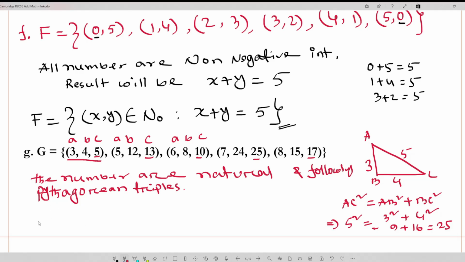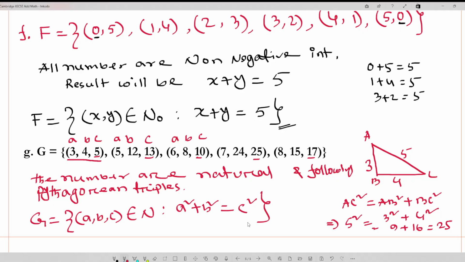So for G we can write A, B, C is an element of natural numbers and A square plus B square equals to C square. Okay.